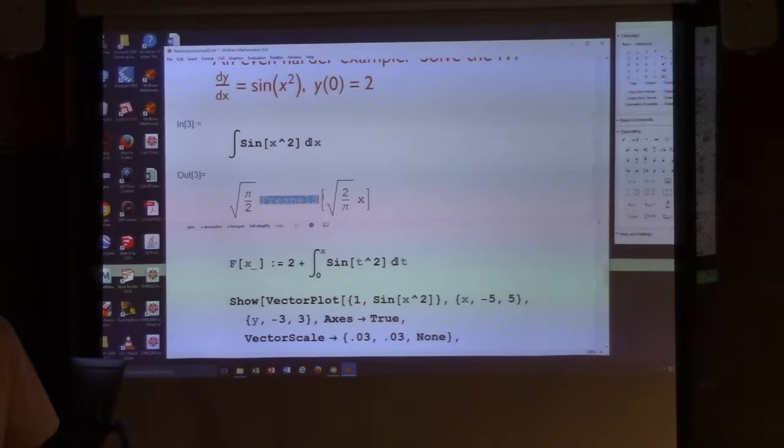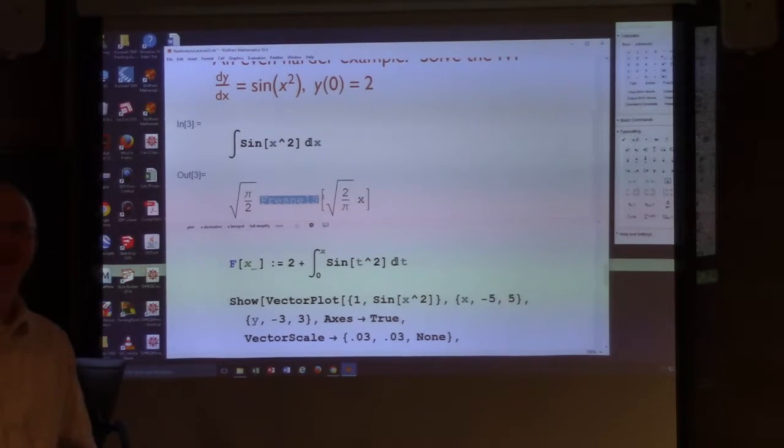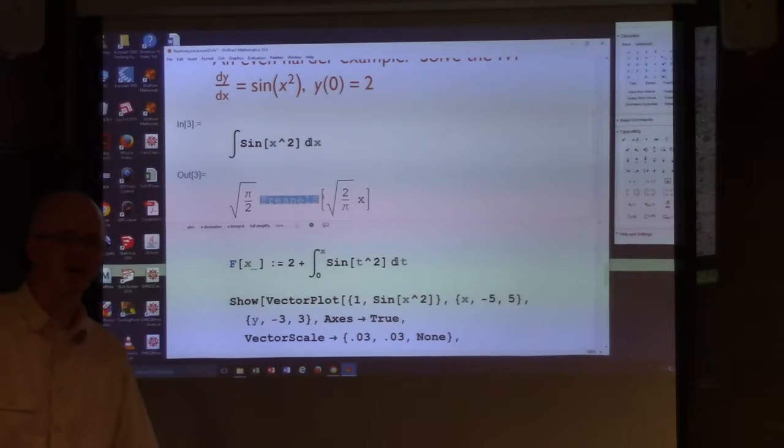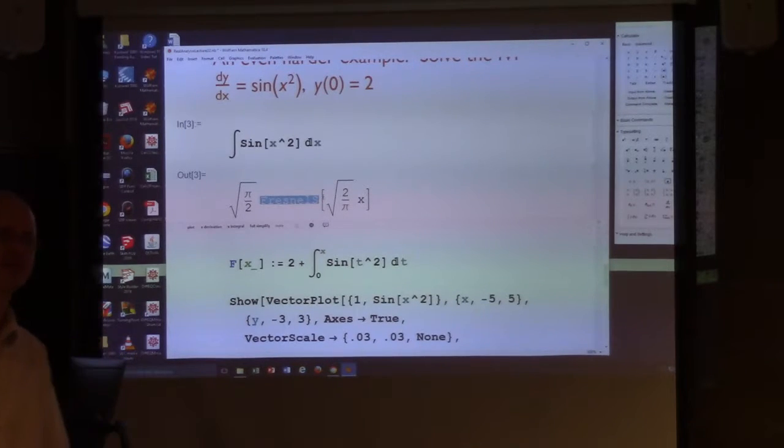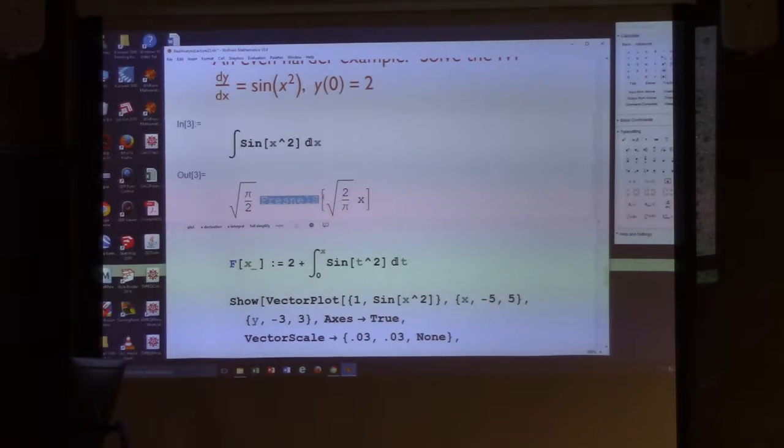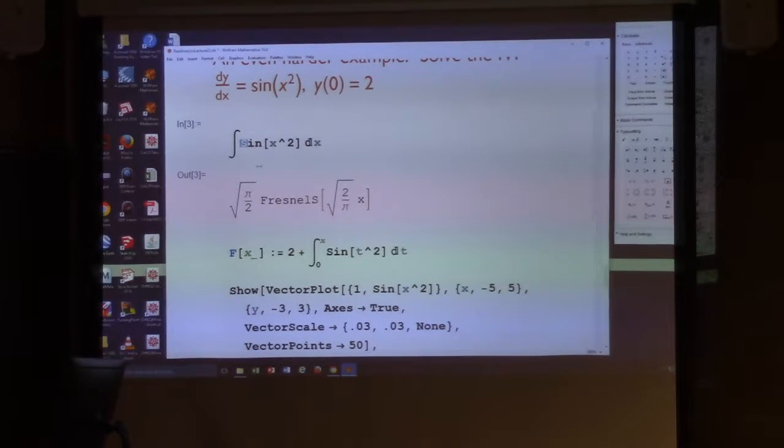Not Kinney of x, sorry. Fresnel got to this function first. Somebody named Fresnel, maybe 150 years ago, 200 years ago, I'm not quite sure, got to this function first. Evidently, it's useful enough, we give it a name. FresnelS, why the S? Was that Fresnel's middle initial or something? No. FresnelS because it's related to the sine function. There's a FresnelC as well related to the cosine function.